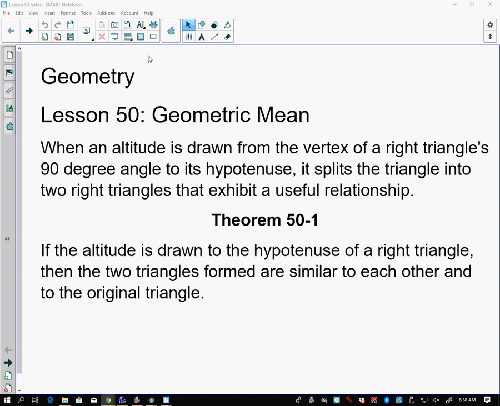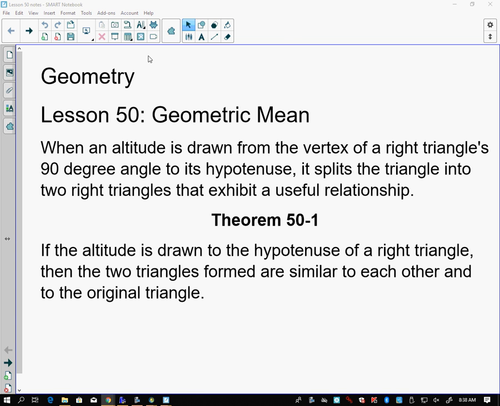So we could look at proportions where those triangles are concerned, but we don't even have to do that per se. So some of the stuff we'll look at, if the altitude is drawn to the hypotenuse of a right triangle, then the two triangles formed are similar to each other and the original triangle.